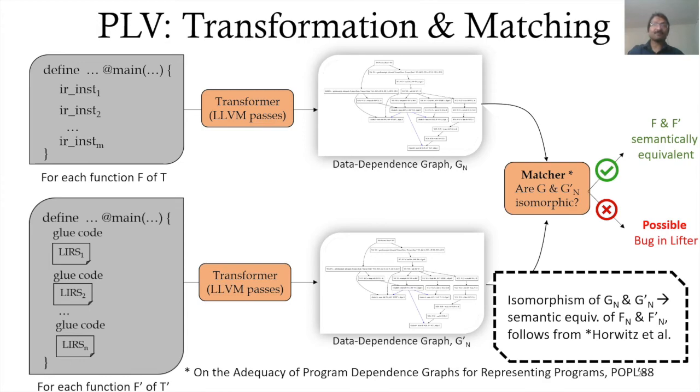Our dependence graph representations, which we check for isomorphism, only include the data dependence, not the control dependencies. Note, however, that the close structural similarity between the functions f and f bar ensures the required equivalence for control flow as well. This is shown in our paper.